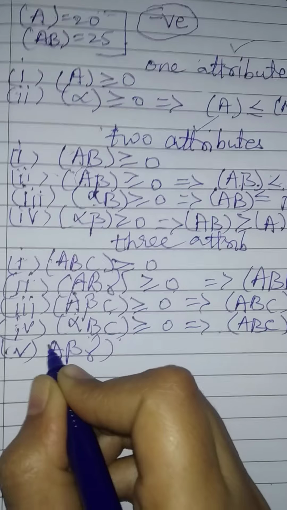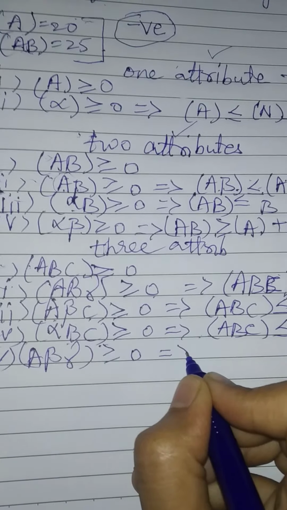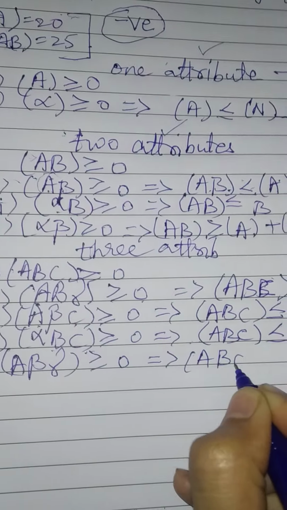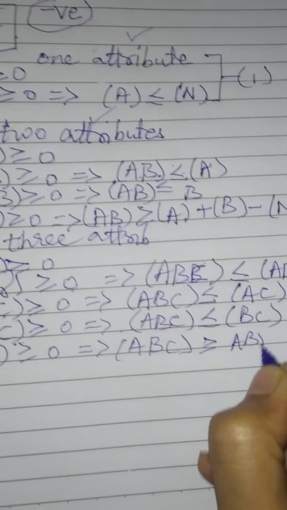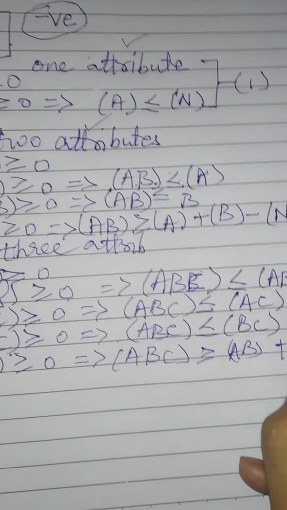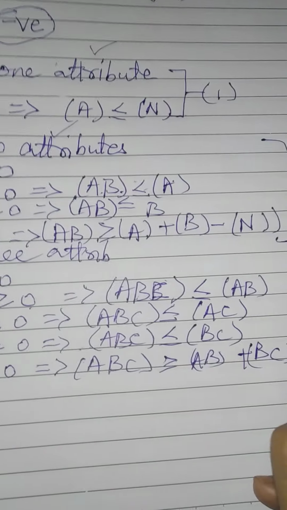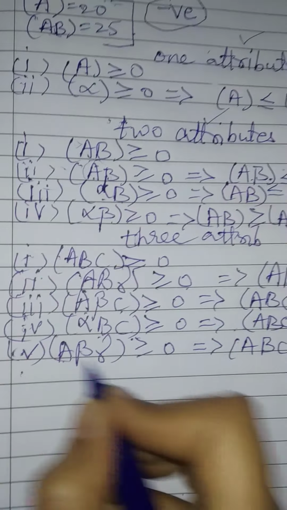If you are having something like this greater than or equal to 0, it will be ABC greater than or equal to AB plus BC minus A.